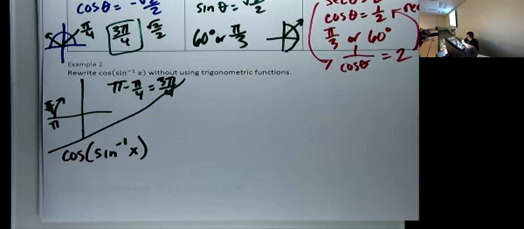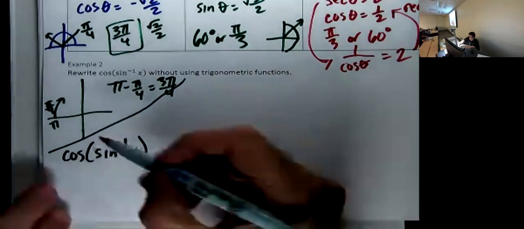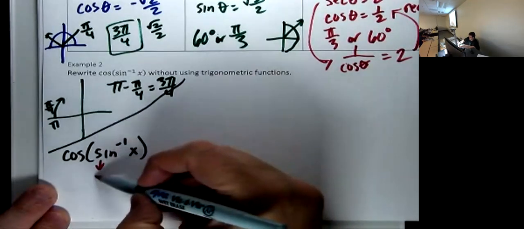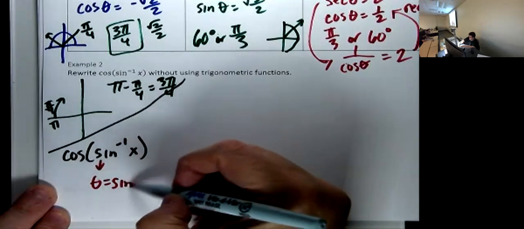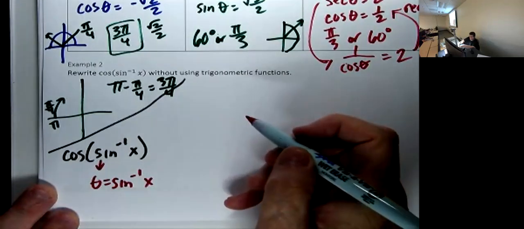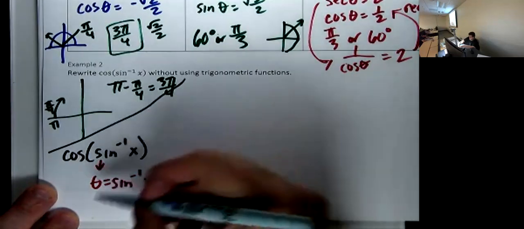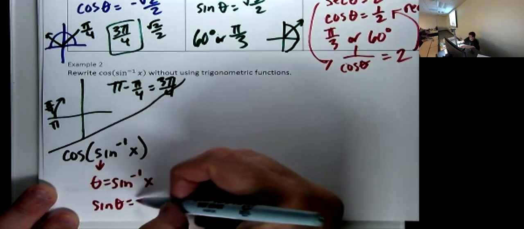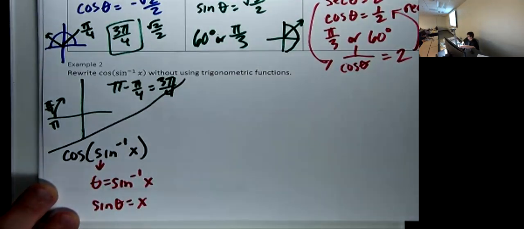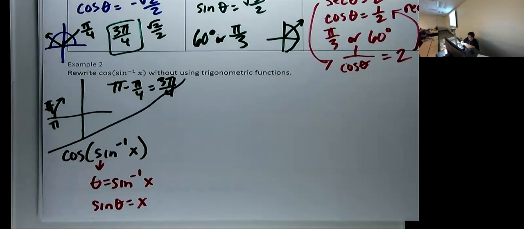A way to think about it is, let's make this a theta. Theta equals sine inverse x. And so sine of theta equals x.